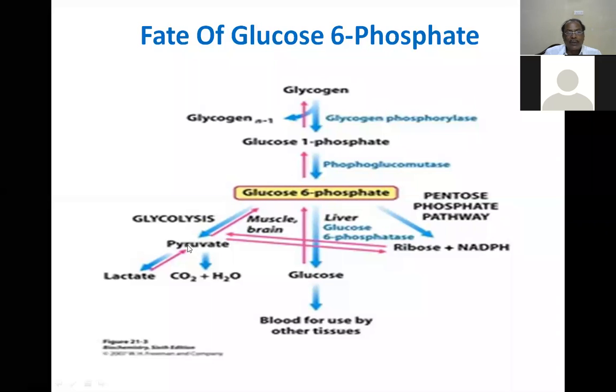This is one way. And another way is that glucose 6-phosphate, in the reversal of glycogenolysis, may produce glucose. This is by glucose 6-phosphatase, and it may be circulated in the blood.